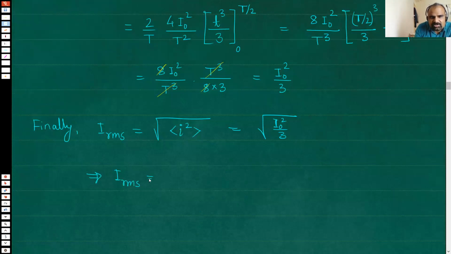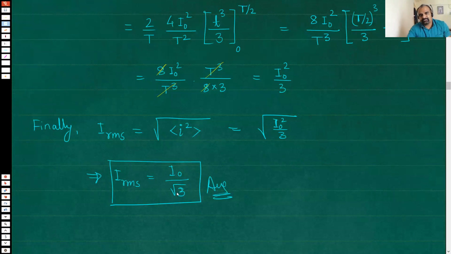We got I naught by root 3. This is the answer. Any problem? No, sir.